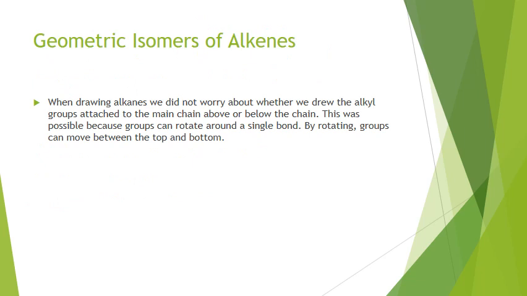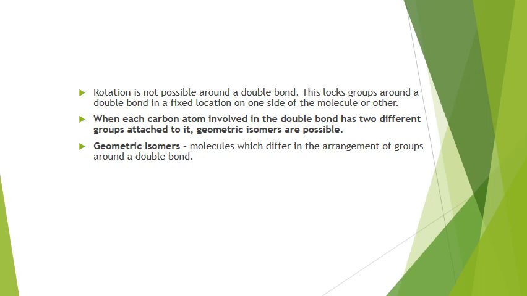Okay, now we're going to talk about geometric isomers, and this might be a little confusing. In the worksheets, I'll help you work through it, and I'll describe it now, but hopefully more clarification will come through the worksheet. It's important where they put the double bond, because it really restricts things.